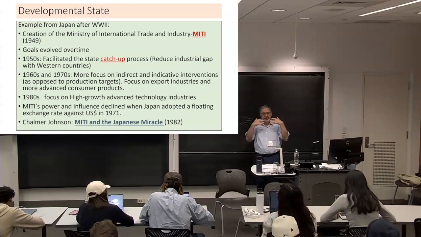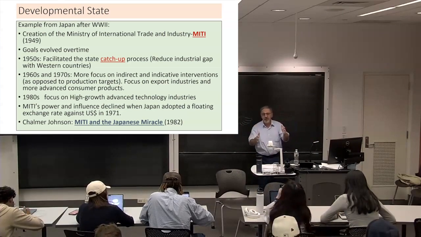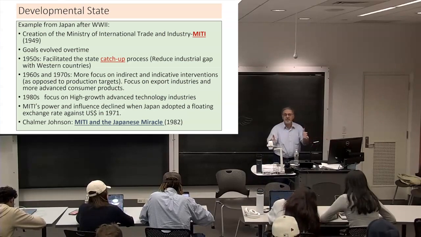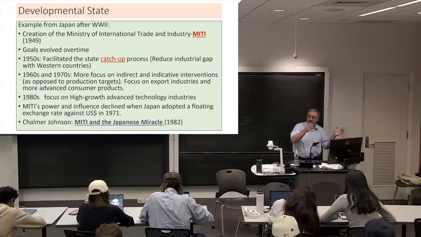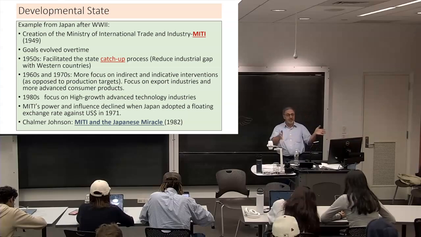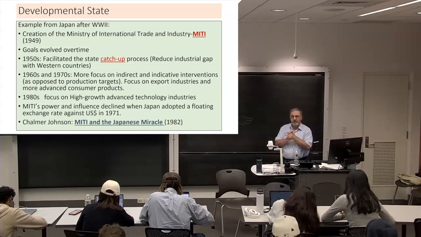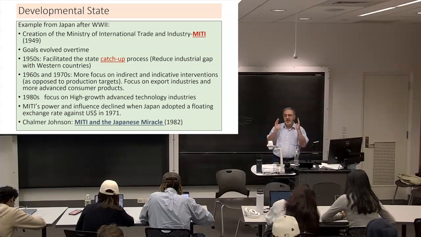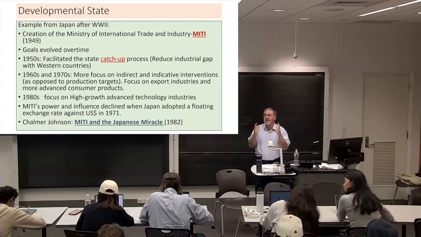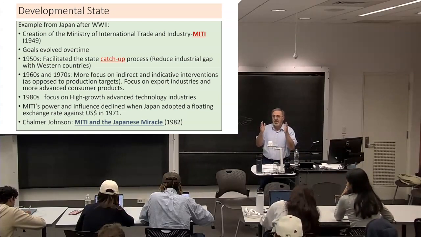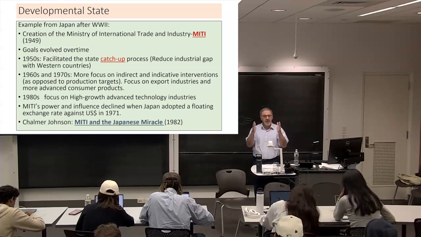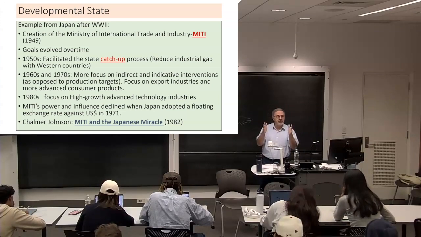The government would set targets for production, it would facilitate technology transfer, and it would facilitate financial credit for that specific industry so that the firms could become competitive. And of course, the measurement of performance was not only production but export. Success of an industrial corporation in Japan was measured by its ability to export.